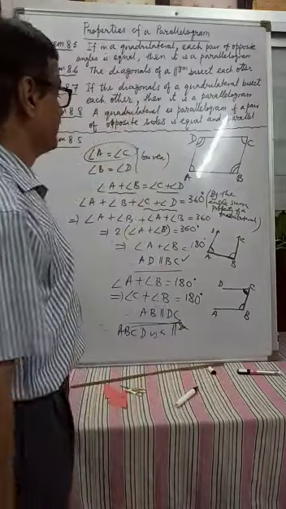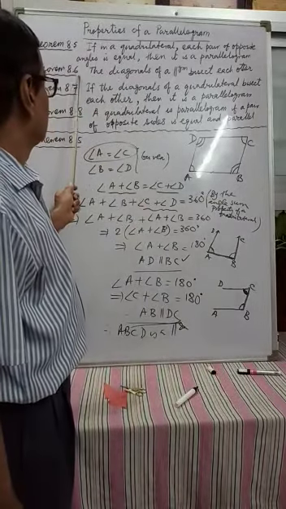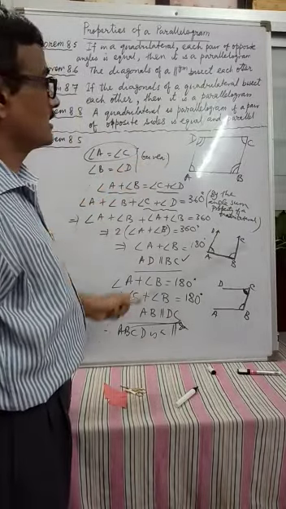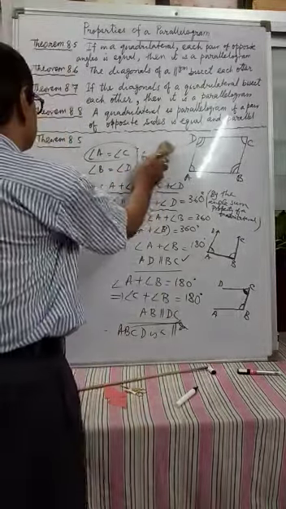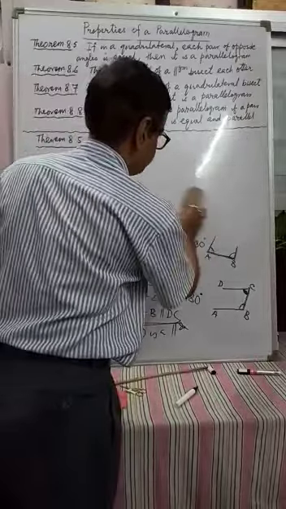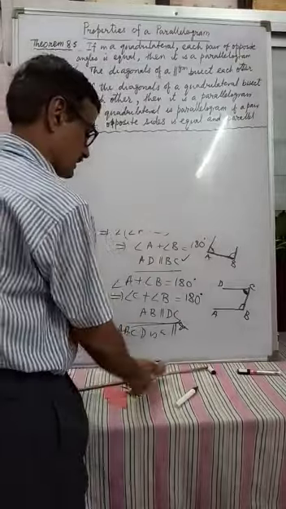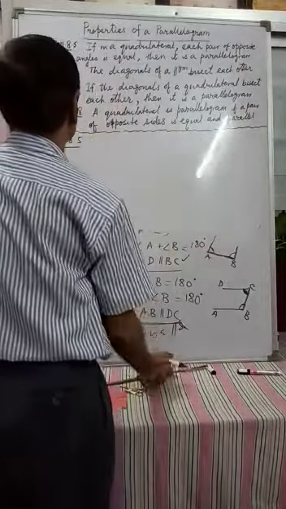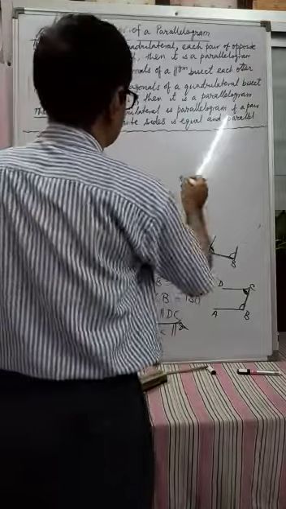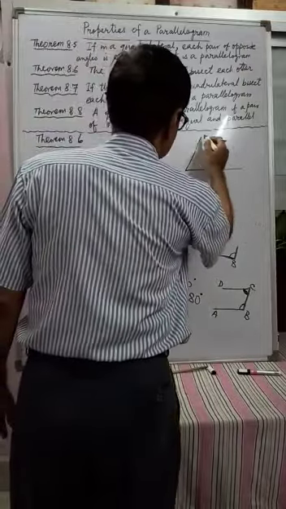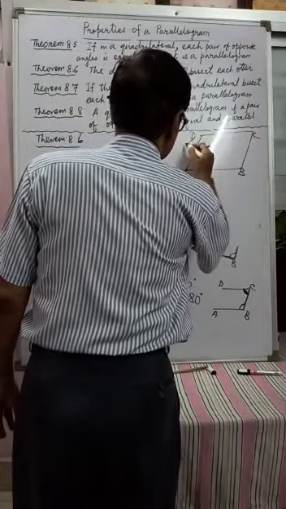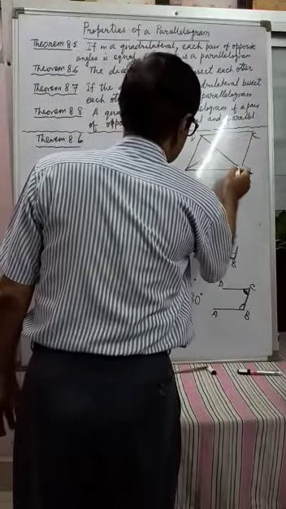Next, property 8.6, which is given in the form of a theorem: the diagonals of a parallelogram bisect each other. Suppose this is the parallelogram ABCD, and the diagonals are AC and BD.